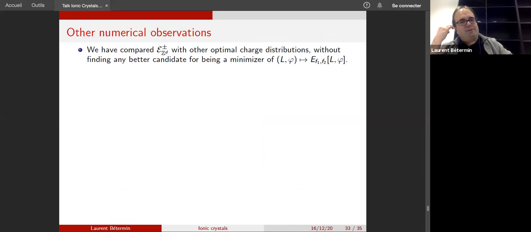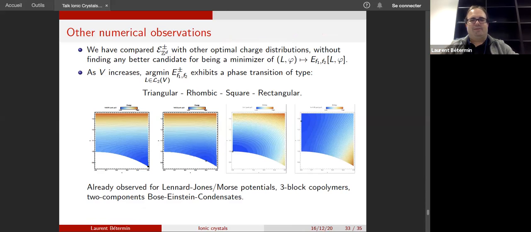And another thing which is interesting, and I really like this, is that when V increases and you choose this energy with alternation of charge plus minus 1, you see a funny phase transition. For V very small, the triangular lattice is actually the minimum, due to the fact that the first part of the energy is minimized by the triangular lattice. Then when V increases, the minimizer is a rhombic lattice. So at first it was a triangular lattice, now it's a rhombic lattice, with an angle a bit larger than 60 degrees.